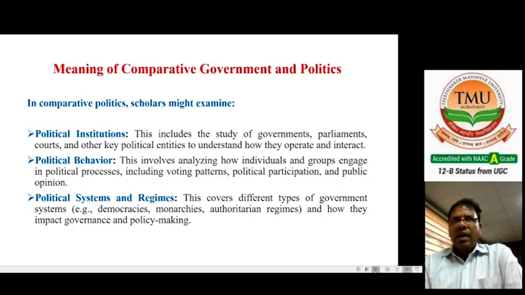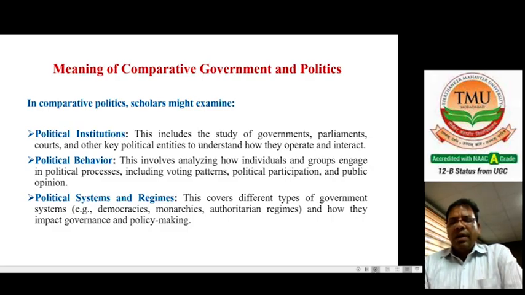One is the masses and their behavior towards the state. That means their active participation in elections, their active participation in the government system, and whether they have some role in decision making or not. Same in the other part, the states and their responsibility towards the masses. So these are the political behaviors.